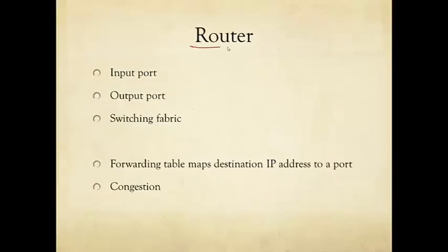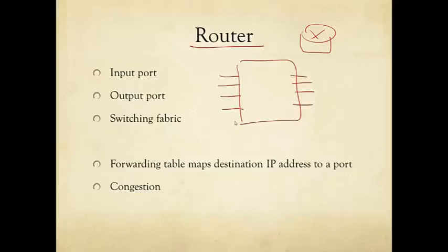So what happens in a router is the following. There are many ports, and there is a switching fabric that can have many different physical implementations. That's beyond the scope of our course. When a packet arrives at a port, we label that the input port for that packet.